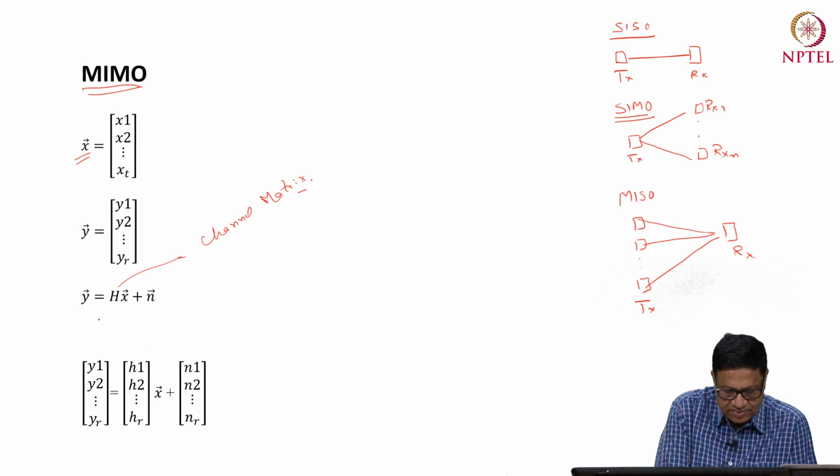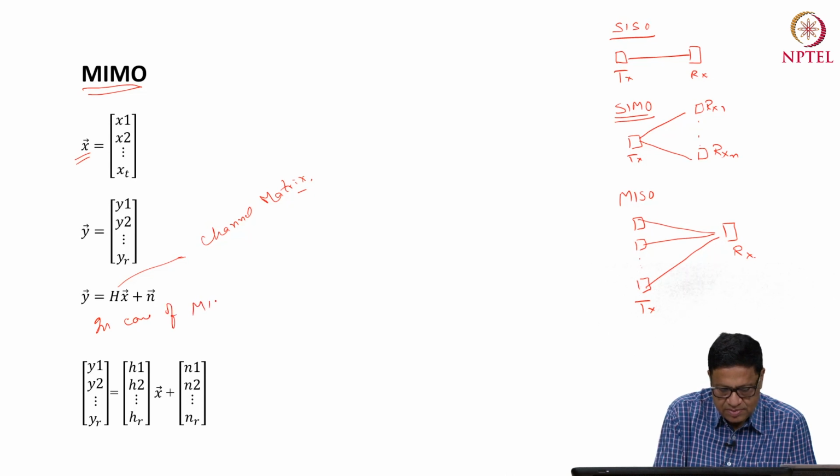So in case of MIMO, H will be R cross T matrix.